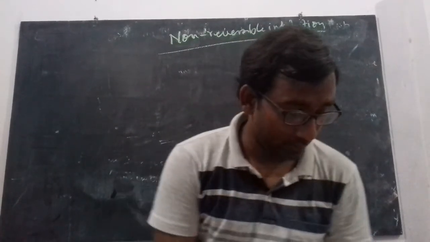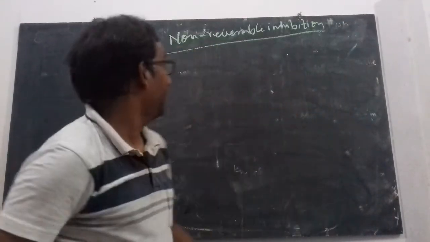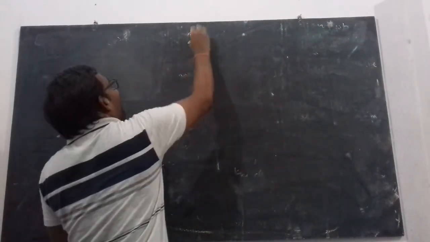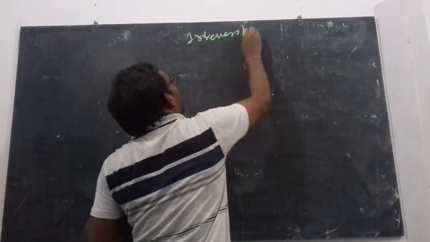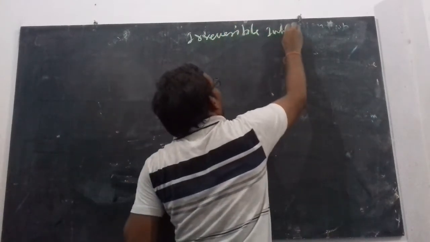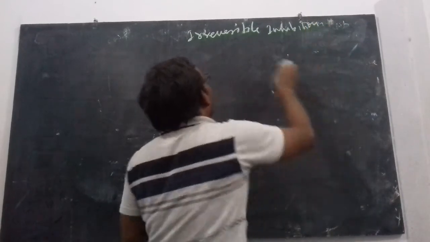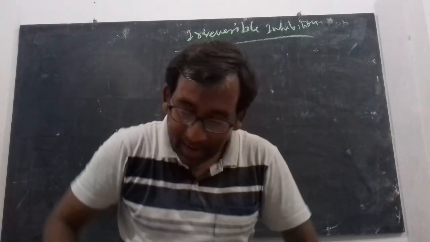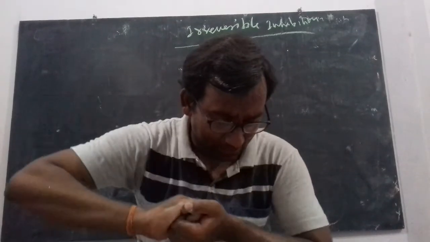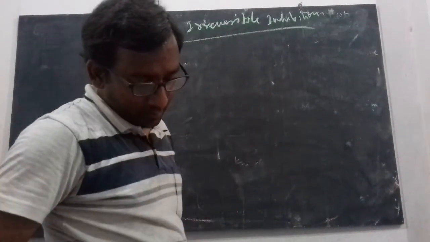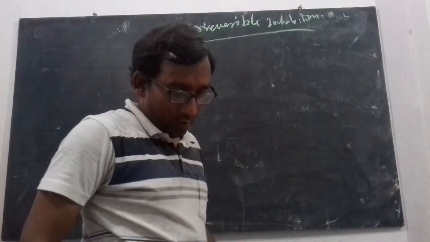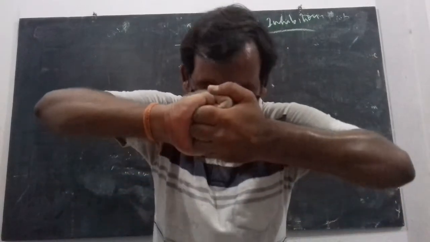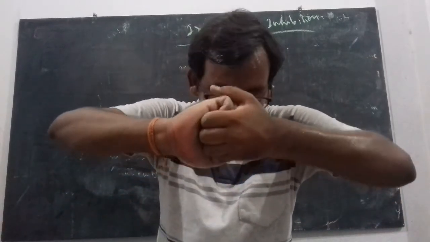You can say irreversible inhibition. Since it is irreversible, it will not be able to reverse, and the inhibitors bind covalently with or destroy a functional group on an enzyme. So a covalent bond will be formed between the enzyme and the inhibitor.